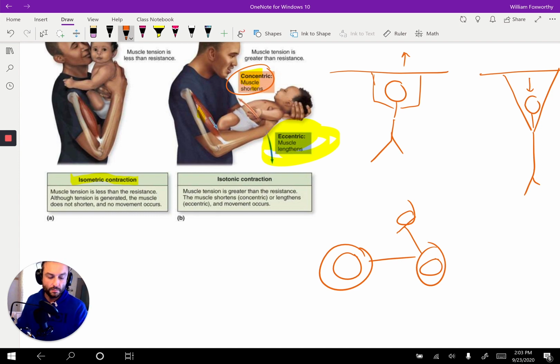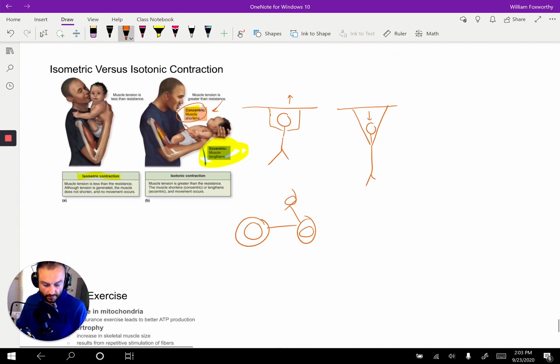But most of the time you're pushing the pedals. You never have your muscle lengthening under tension. And so bicycling can be an exercise that you can do without really experiencing soreness other than in your butt from the seat.